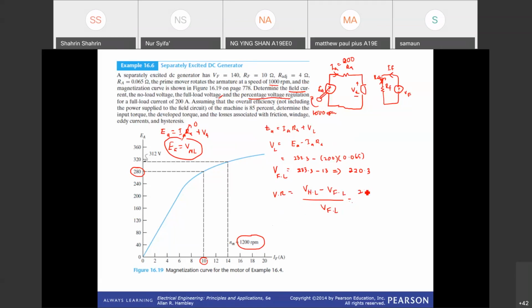V no load minus V full load is 13 volt over 220.3. So this should be 0.05, I think 5.9%. So 5.9% is considered good.